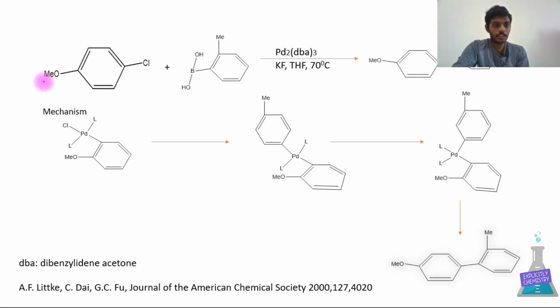You see, this is an organohalide and this is a boronic acid compound. We are reacting with palladium 0 complex, which is a catalyst. In the presence of base, the following product is obtained. The mechanism is, the first step is the oxidative addition.